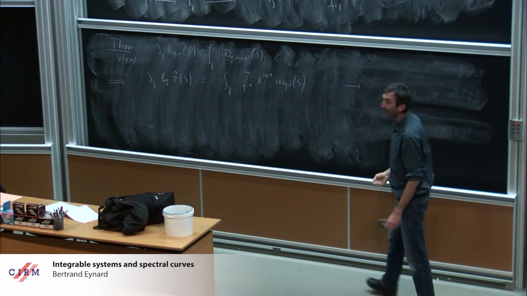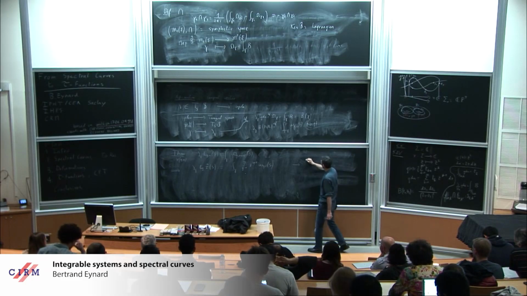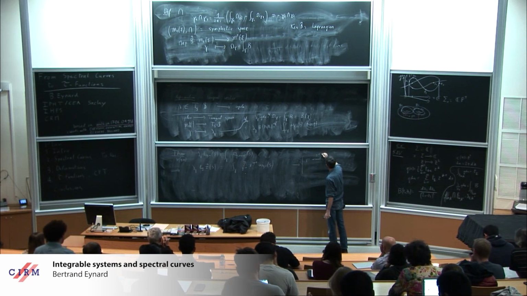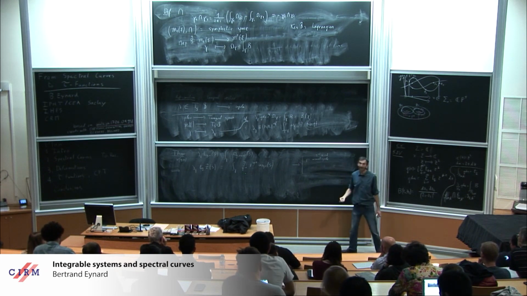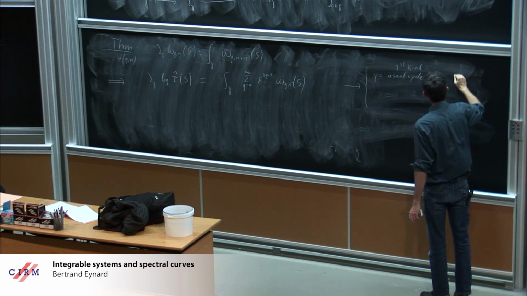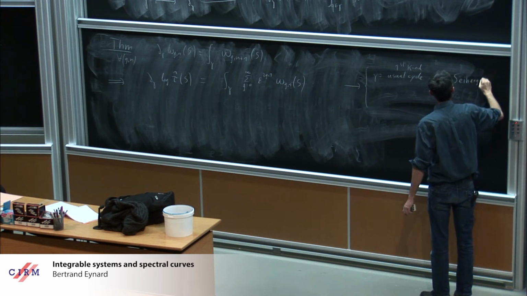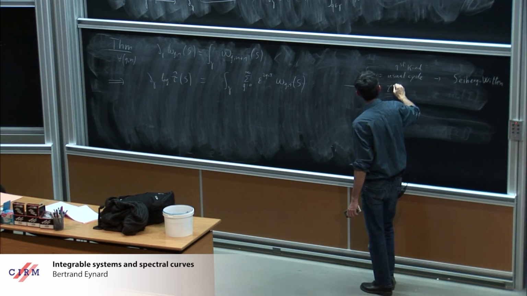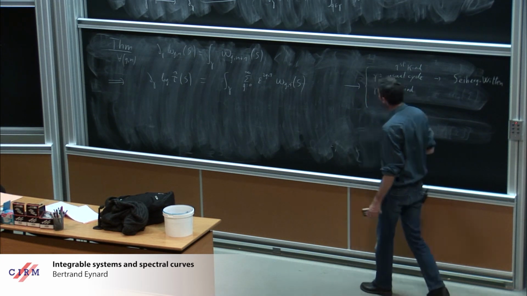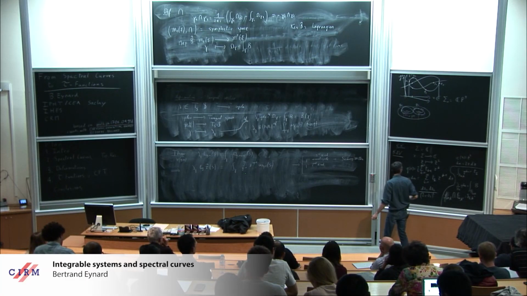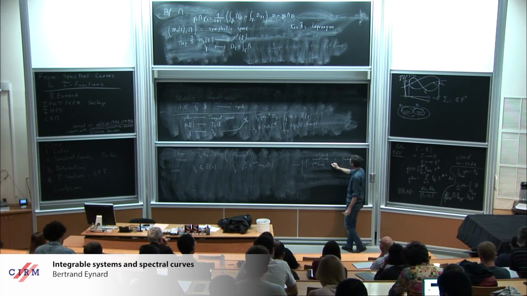If gamma is a usual cycle, that I will call first kind, meaning that omega gamma is a first kind form, it has no poles, then this equation is Seiberg-Witten. If gamma is a second kind, meaning that omega gamma has multiple poles but no residues, exactly as those ones, then this is really Miwa-Jimbo.